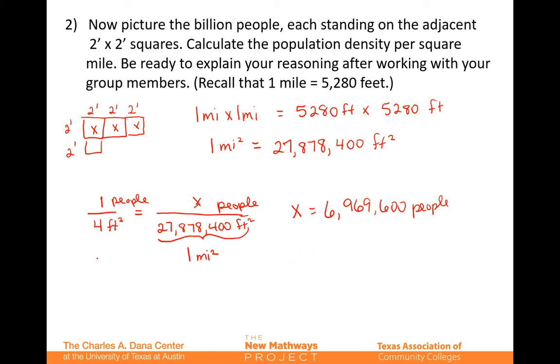So what we see is that one person for every 4 square feet is the same as 6,969,600 people for 1 square mile. That's extremely dense. We can't picture standing around packed together, one person in 4 square feet. But that's what the population density would be in terms of square miles.